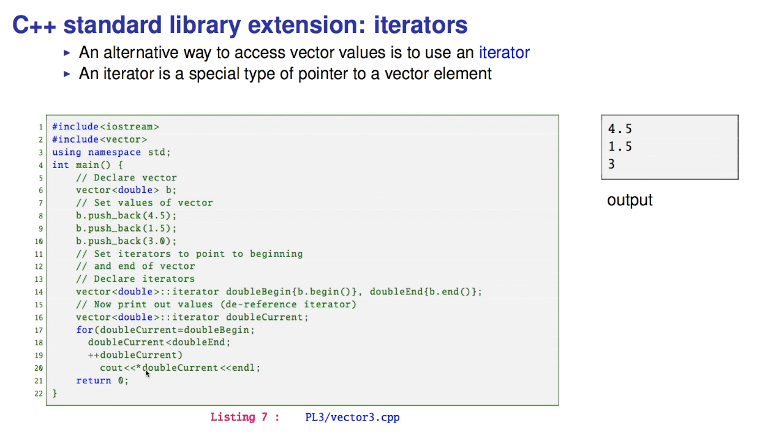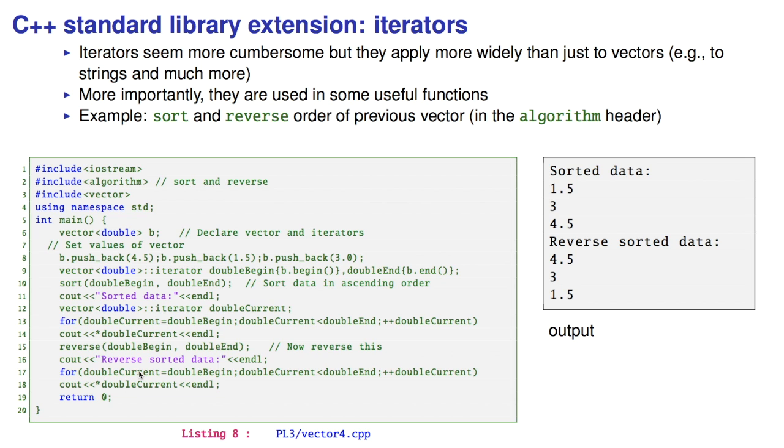But in order to get the element pointed at by double current, I need to dereference it. So double current acts very much like a pointer. This is a type of generic programming using pointer-like objects called iterators. Iterators are not pointers, but they're very similar to pointers, and this is incredibly helpful. They seem a bit more cumbersome, but they apply more widely.